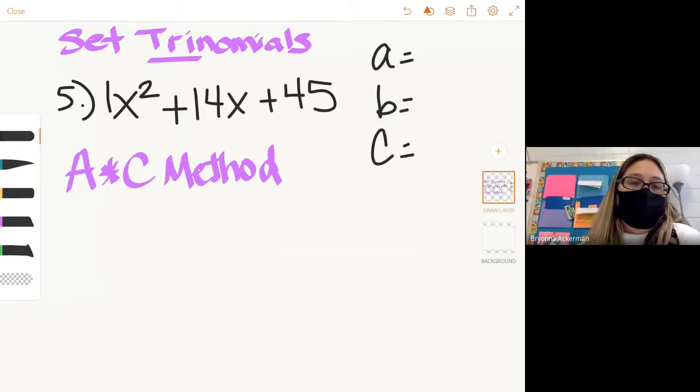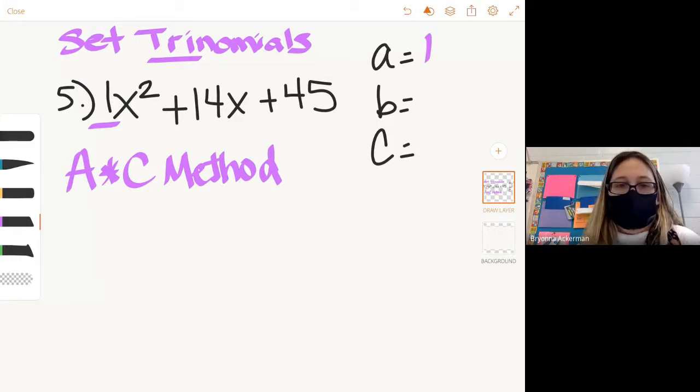So when I'm looking for A, it's always in front of what? I heard X, but X squared. Okay, A is the one in front of X squared. So A is this one. So in this case, what is A? 1. It's the coefficient.